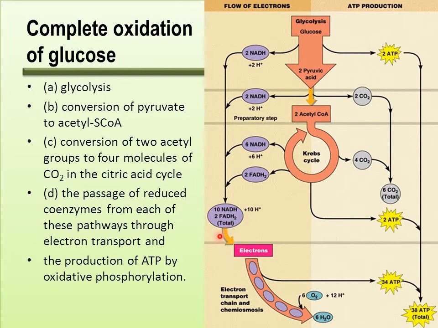But you have 10 NADHs, 2 FADH2s, 6 CO2s, and from the Krebs cycle we got another ATP, so there's 2 there. And then by the electron transport chain we wind up with 6 water molecules and 34 ATPs, which gives you a total of 38.